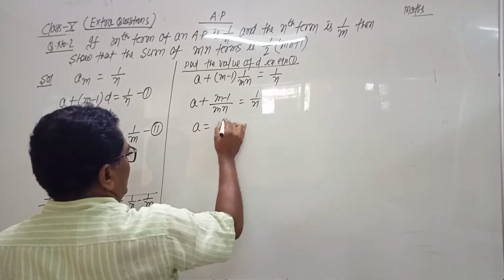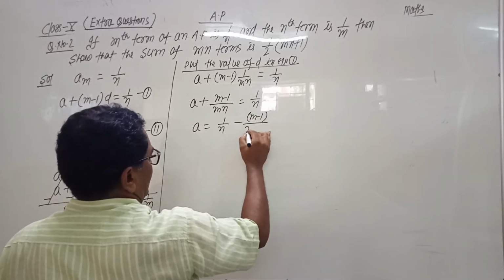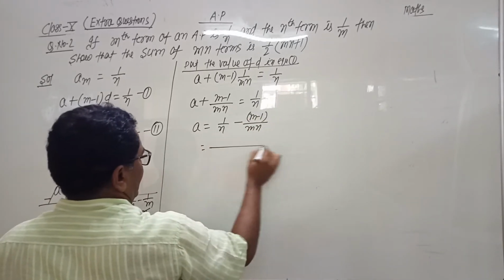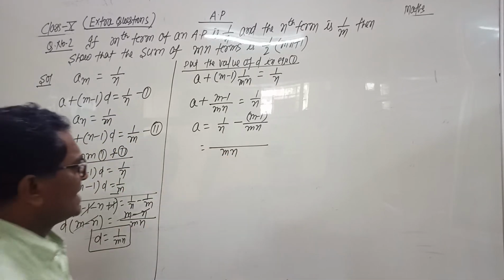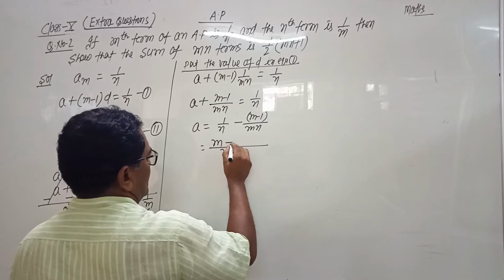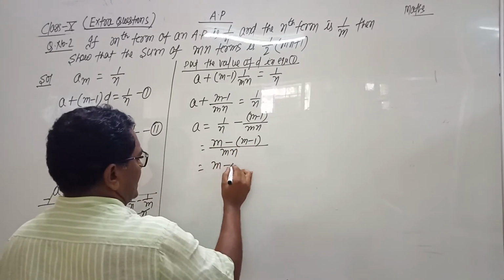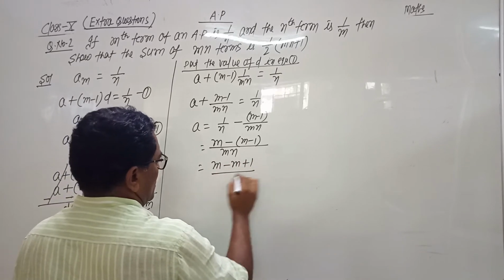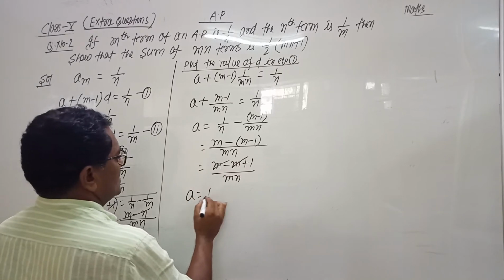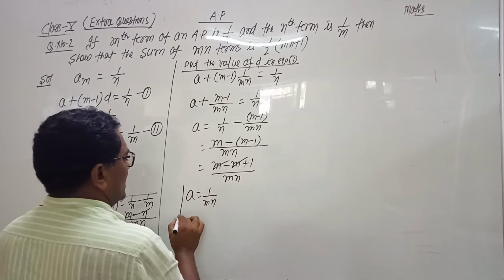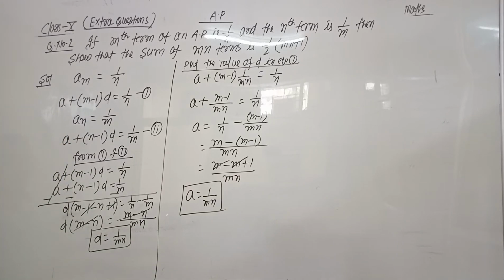So the value of a is 1 by n minus m minus 1 by mn, taking LCM, m into n, 1 times m, and it gives m minus m plus 1 upon mn, minus plus gets cancelled, and a is 1 by mn. The value of a comes to be again 1 by mn.